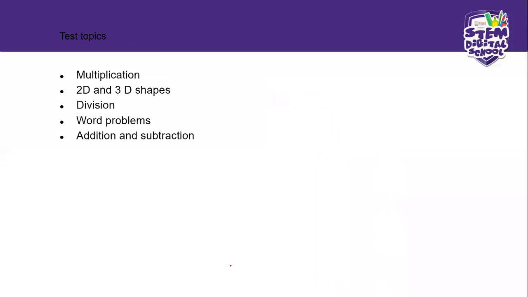Right, so today we're doing word problems. This is what you are going to be tested on next week. Please make sure you have it. Addition and subtraction are just two added elements, and then in terms of 3D and 2D shapes, I'm just going to be asking simple things like, how many lines of symmetry does this shape have? What are vertices? What are edges?